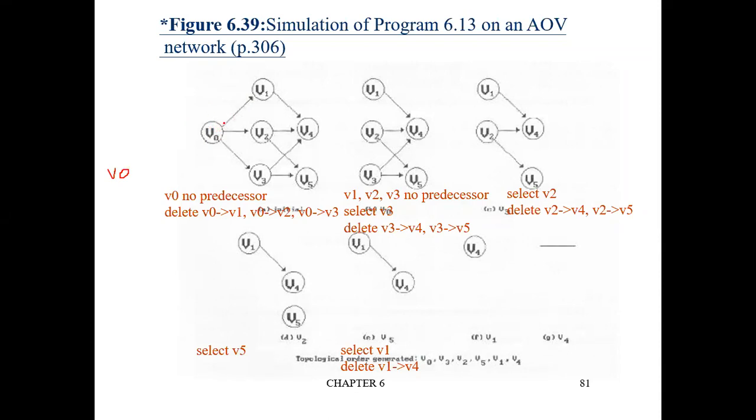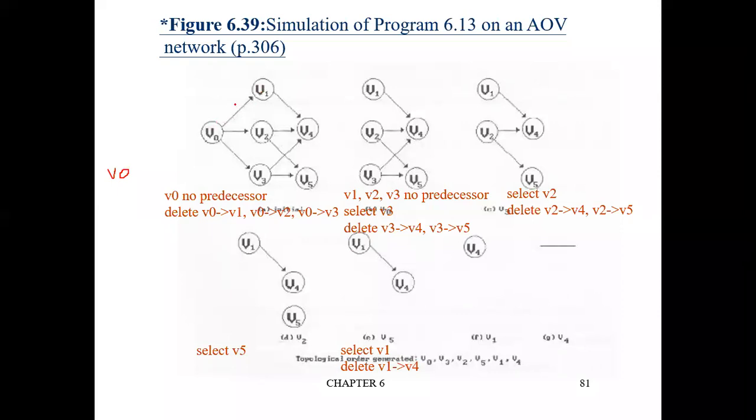What are those 3 edges? How will you represent an edge? What are the 3 edges that are starting from V0? There are 3 edges, right?